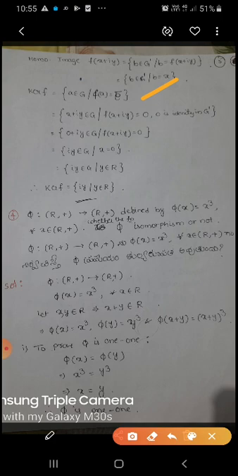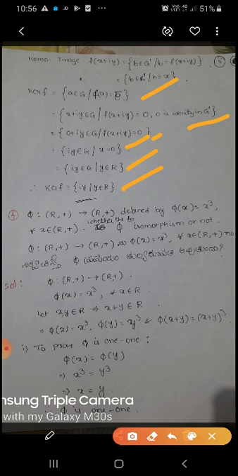So {x + iy belongs to G such that f(x + iy) = 0}, 0 is the identity in G'. So that equals {0 + iy belongs to G such that f(x + iy) = 0} = {iy belongs to G such that x = 0} = {iy belongs to G such that y belongs to R}. Therefore ker f = {iy such that y belongs to R}.